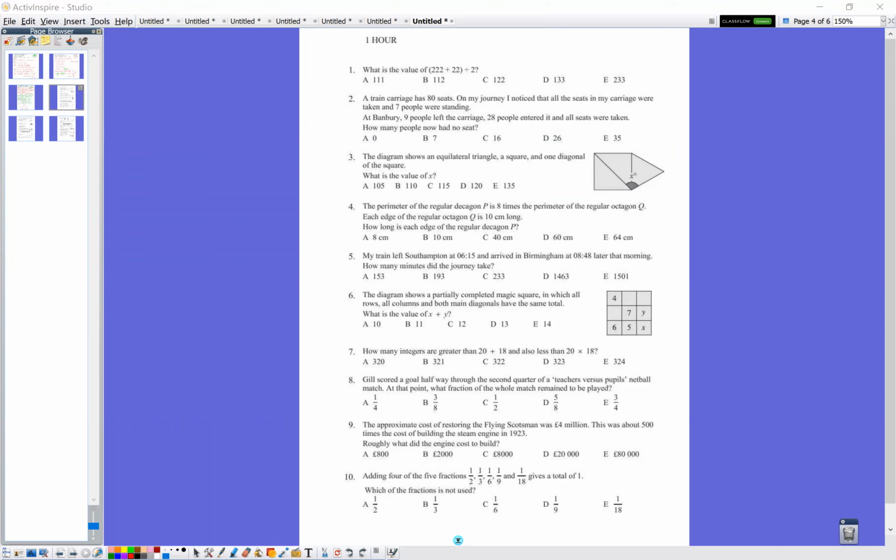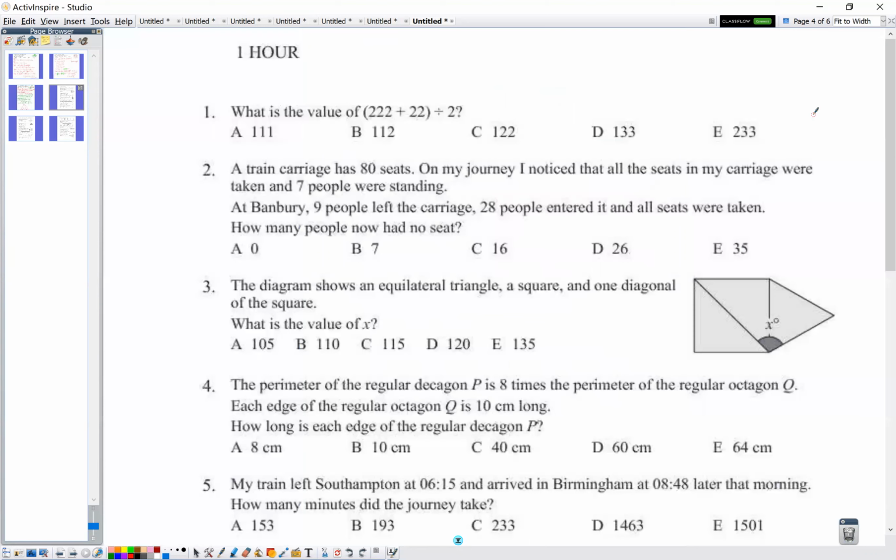Okay, so look at this paper here. For the first couple of answers it is relatively easier, so I'm just going to write the answers on the board. You check your answers by yourself, and then tell me which question you want to talk about. Question 1 is C, question 2 is D, question 3 is A, question 4 is E, question 5 is A. For the first 5 questions, any question you want explained?